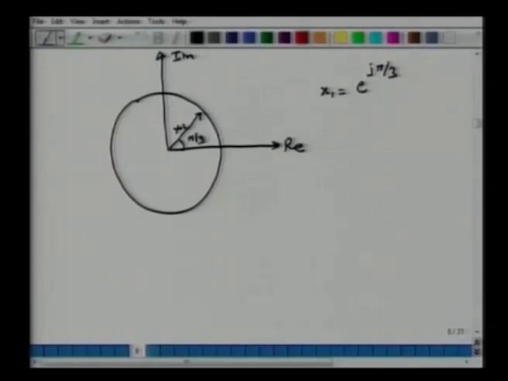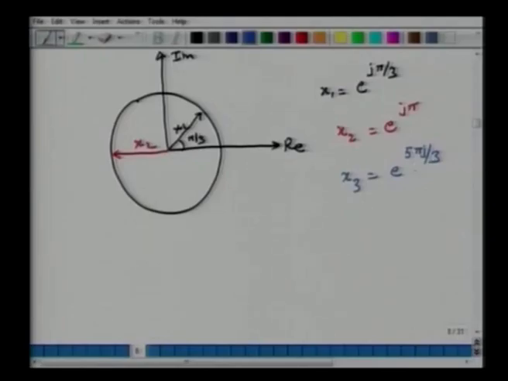My second solution, x2 equals e^(j pi). So this is my x2. My third solution is x3 equals e^(5 pi j over 3).